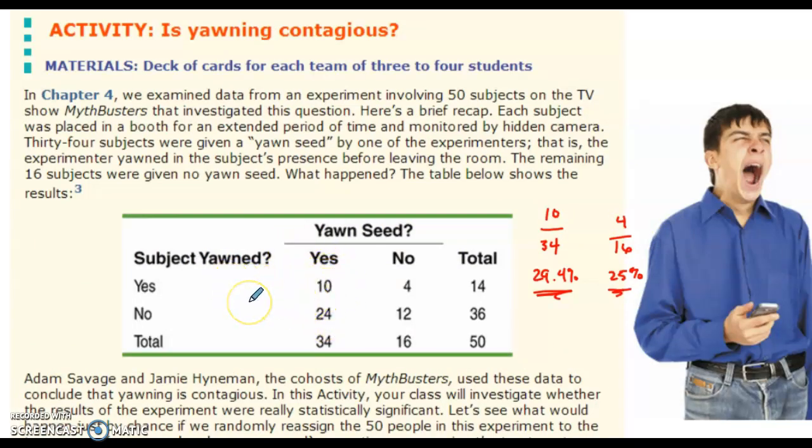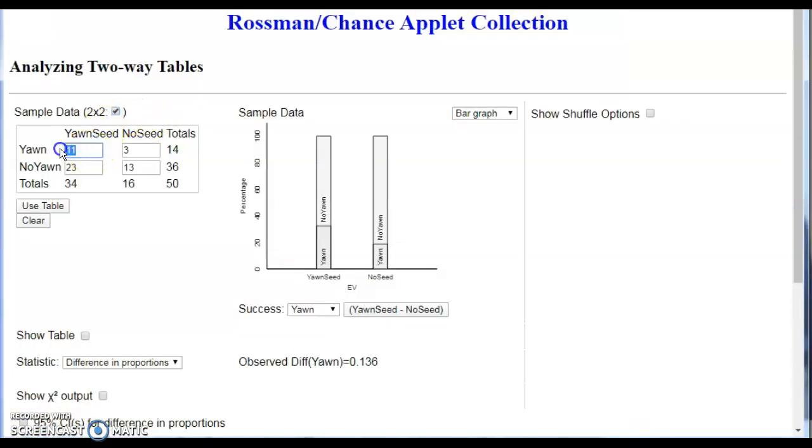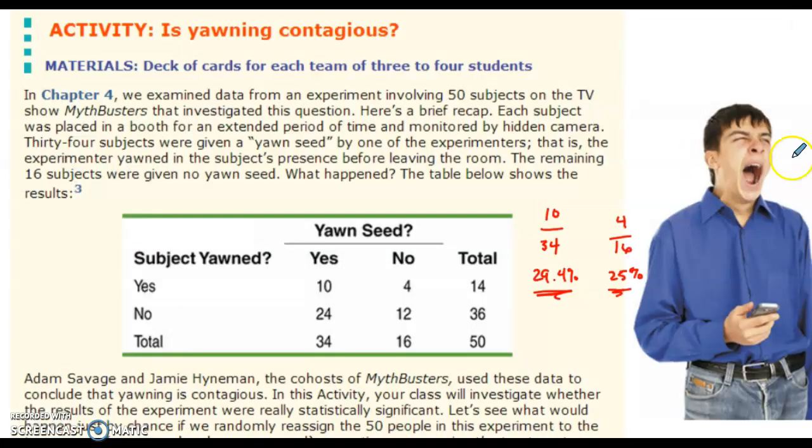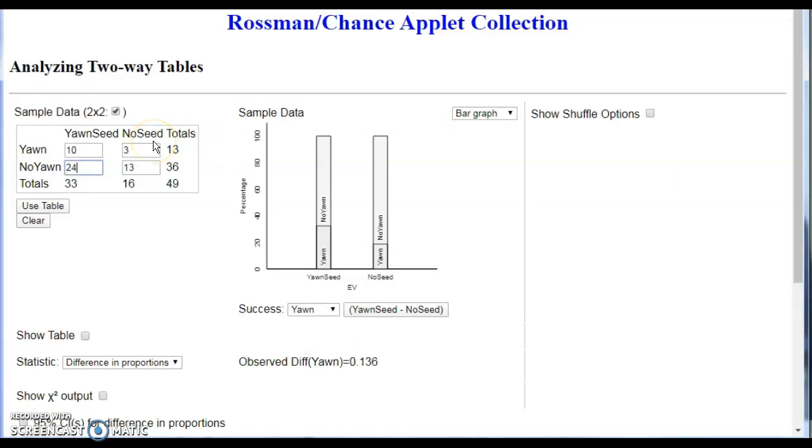Subjects that yawn, yes, yes, should be 10. You will need to do the same. And then subjects that didn't yawn here is 24. And then here we had 4 and 12. So those are the numbers we're going to be using.